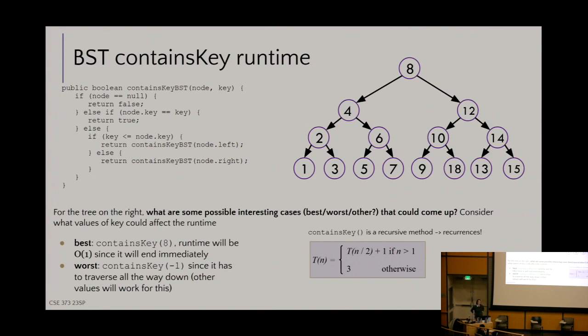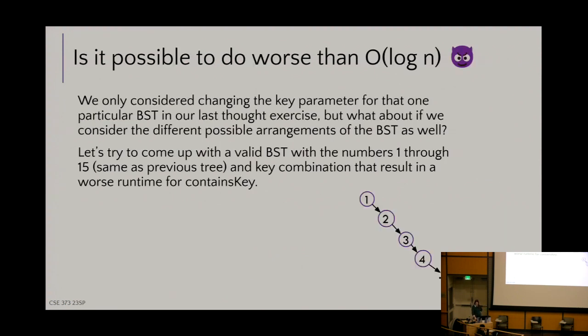You could end up with just a really, really, really imbalanced tree. In fact, there we go. This is what that tree might look like. So for example, this tree is what would result if I inserted the values 1 through 15 in that order.